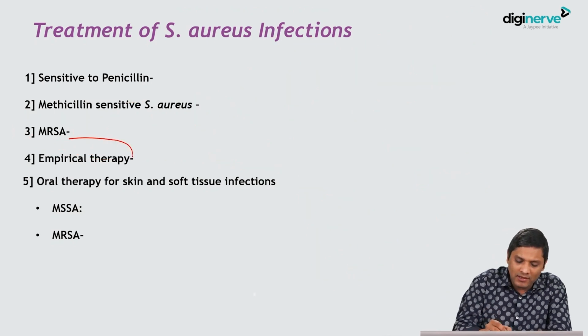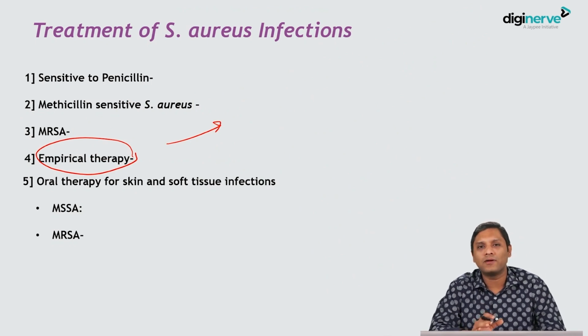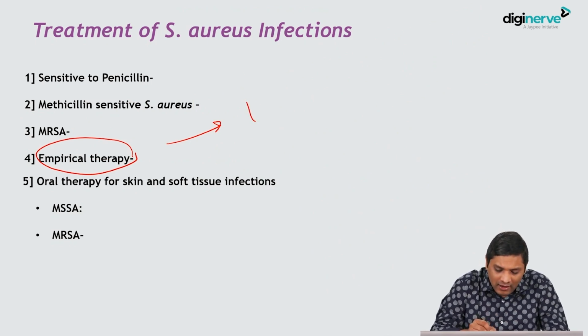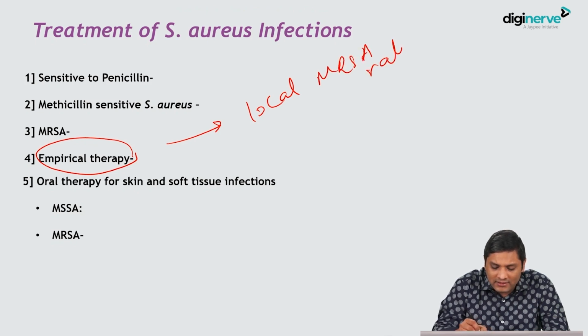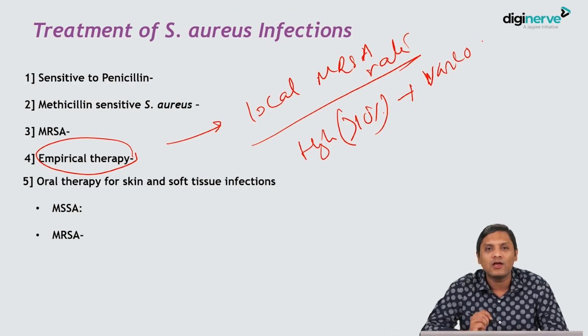Empirically, what antibiotic to start also depends upon the local MRSA prevalence rate. If your local MRSA rate is high, more than 10%, then you can start vancomycin as the empirical treatment. You can de-escalate if the susceptibility report says it is MSSA.